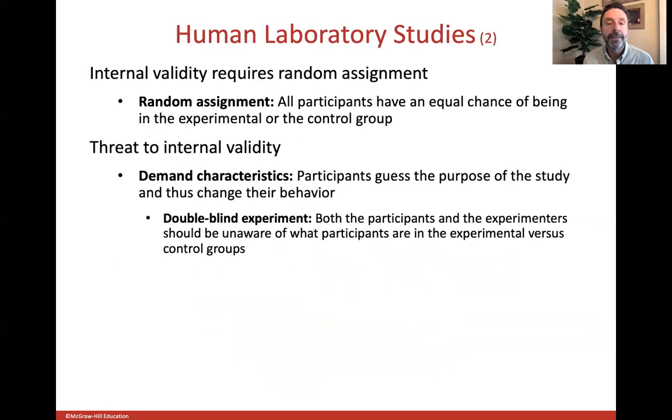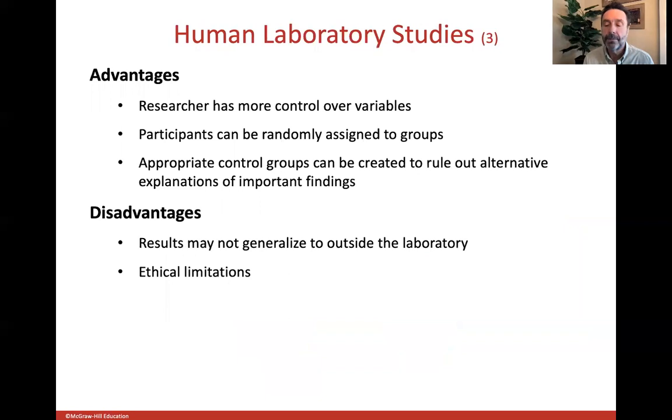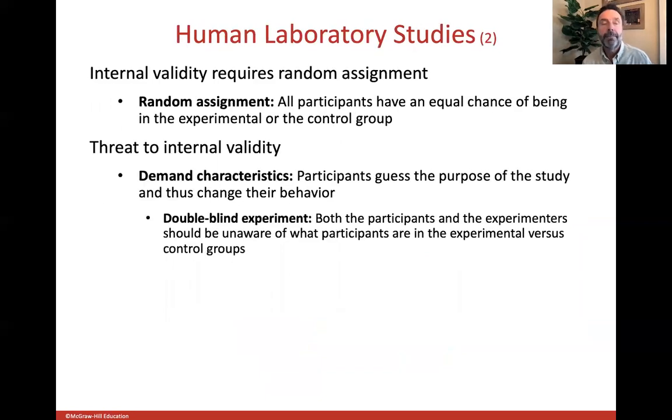Let's see here. I'm going to go past these. Oh, let's go back here. Sorry. According to the scientific standards of this area, we want to, if possible, do a double-blind study.